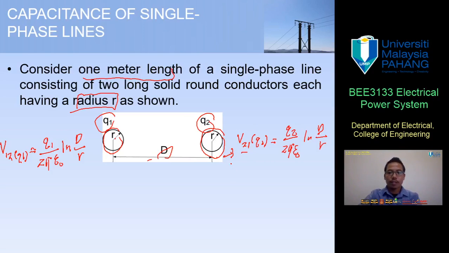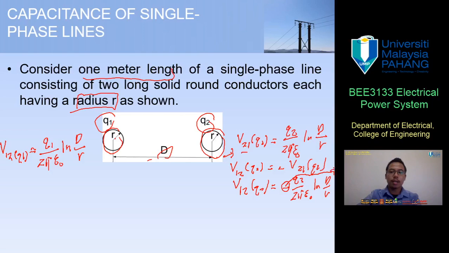So V12 for the case of Q2 is equal to minus V21 due to Q2. So V12 due to Q2 is minus Q2 over 2 pi epsilon 0 ln D over R. But we still have the minus, so we put it into the ln part to become the power of minus 1, so it becomes Q2 over 2 pi epsilon 0 ln R over D. Then we get V12 for the case of Q2.